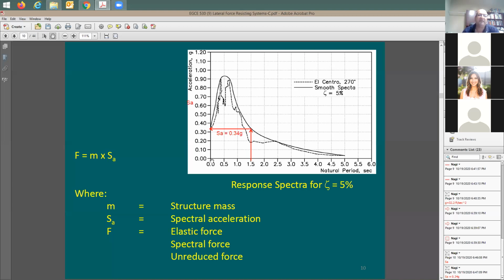So if your building, for example, that you're working with is about 0.2, which happens in many buildings, right? About 0.2, 0.3 seconds, you cannot really make it 1 second, because the benefit of going to 1 second or 2 seconds or 3 seconds is going to be less acceleration, which means less force, right? Less design forces. Right. But it is not that flexible.